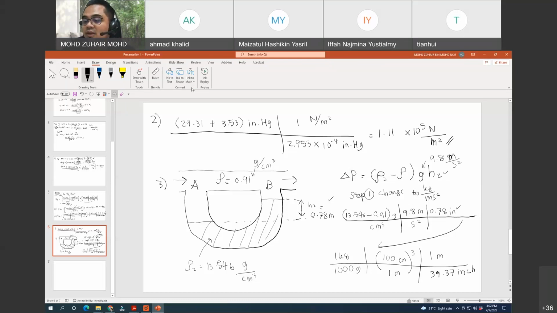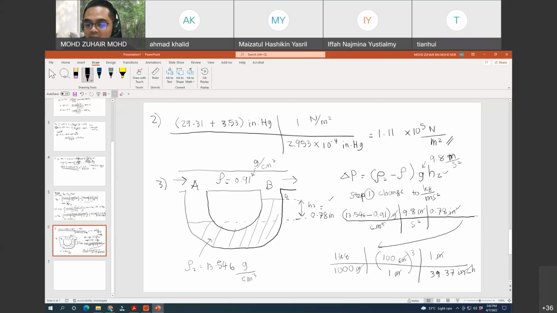Okay, so we're just going to cancel g with g, meter with meter. Actually, this is power of 3, so centimeter power of 3, to power of 3. And then meter, meter, cancel this. Inch, cancel this.